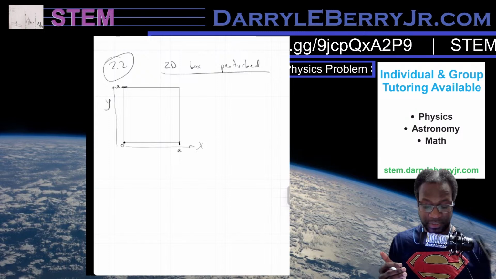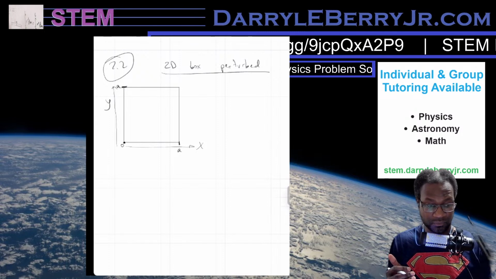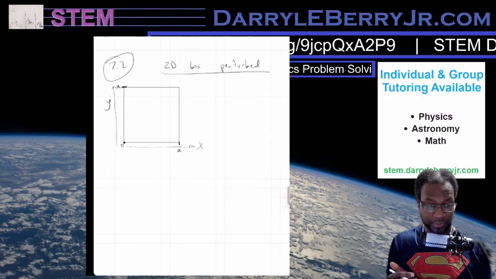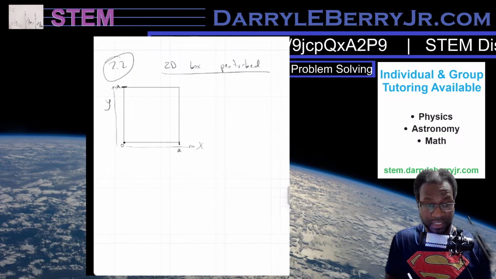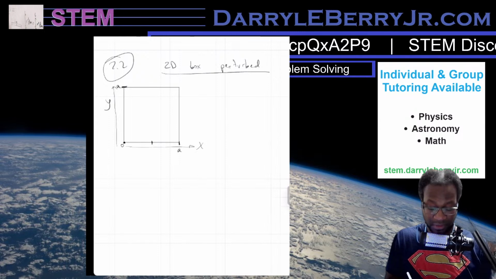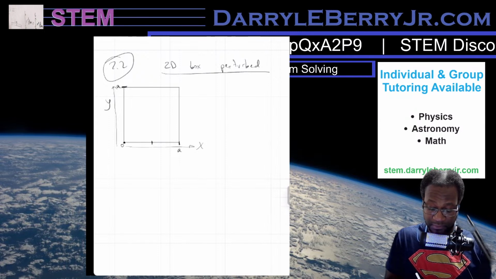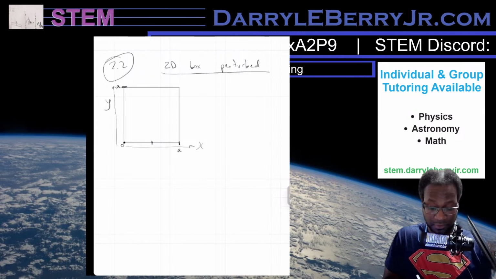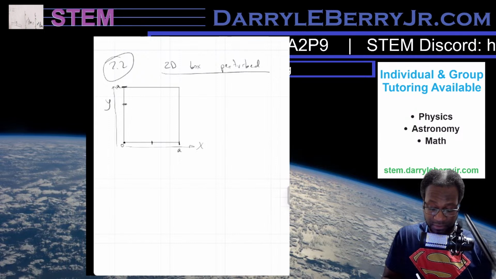And if we have a perturbation, let's say we have a perturbation in the X part from 0 to A over 2, and then the Y part from A over 4 to 3A over 4.